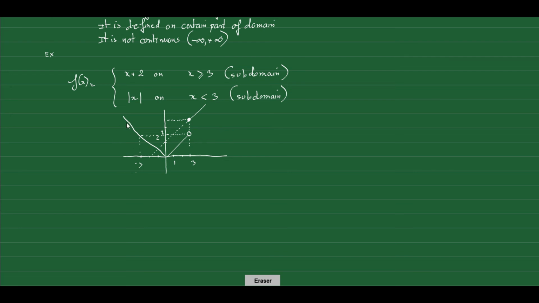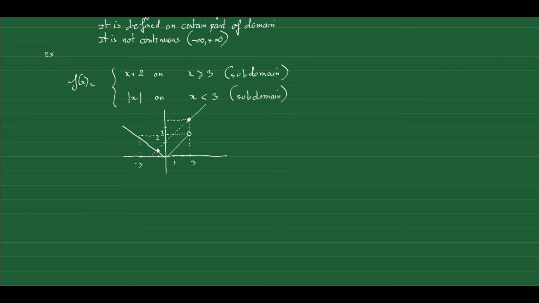It's not a straight line, so I'll try to draw a straighter line for you. Alright, it's better. So you see that it has a piece in here and another piece.